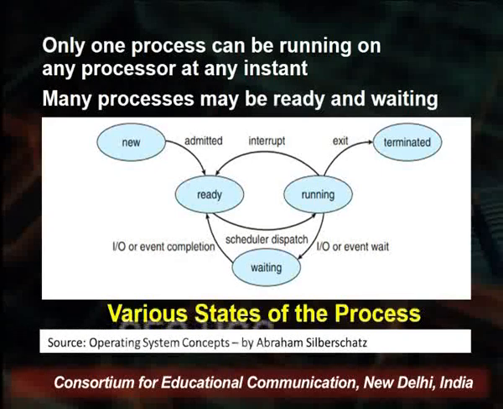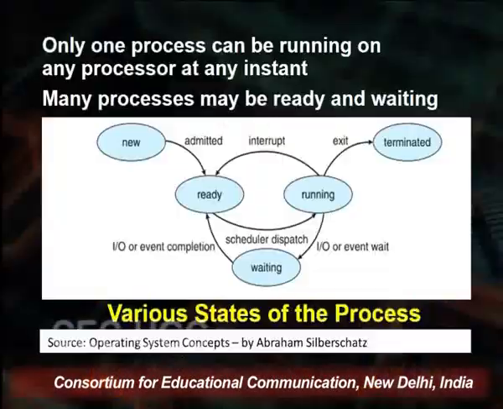Now, if we want to see how your process is going to switch between the various states, or how these states of the process are going to be changed. Let us say at the first instance we have one process which is just submitted or admitted for taking its share of CPU, or it has requested a share of CPU.